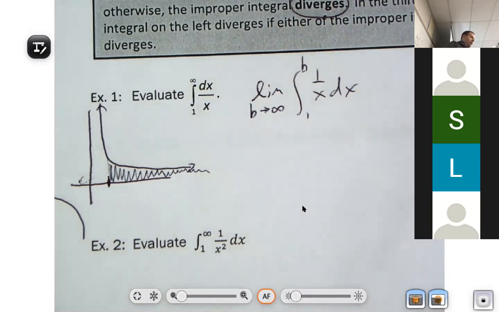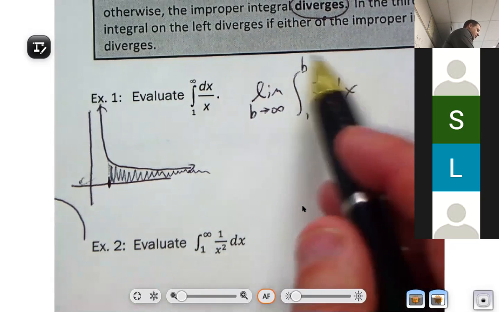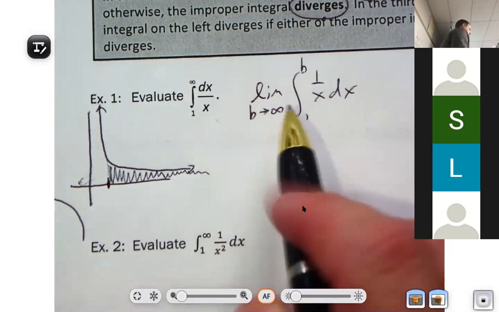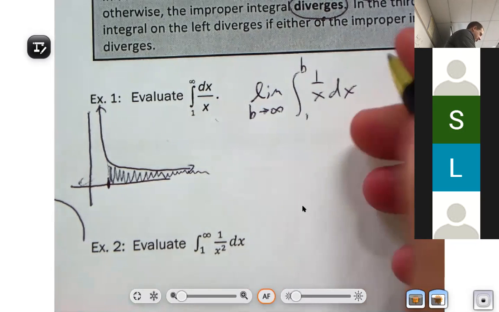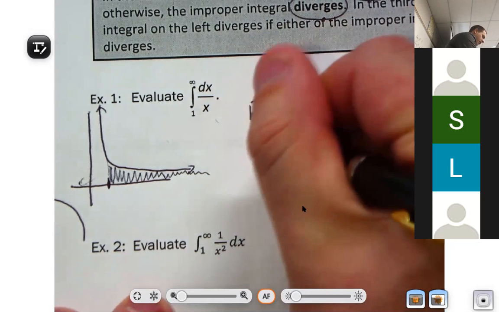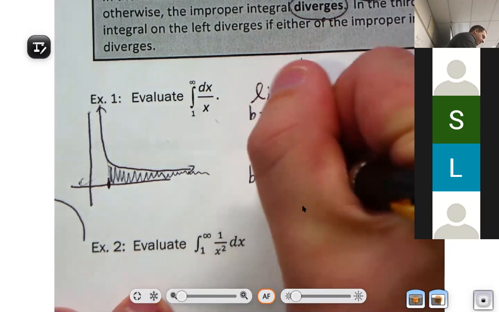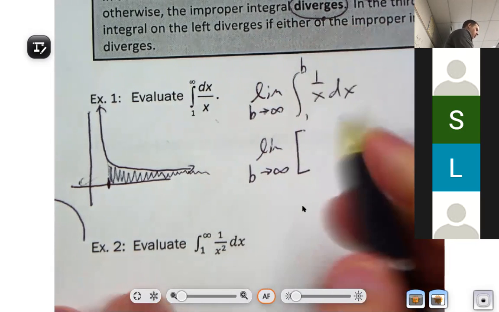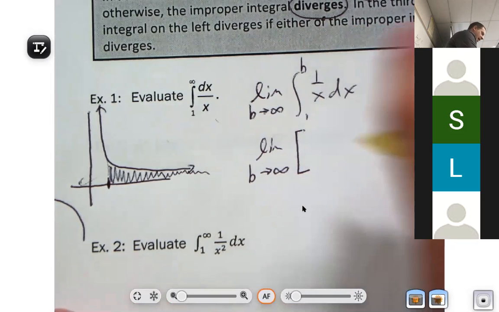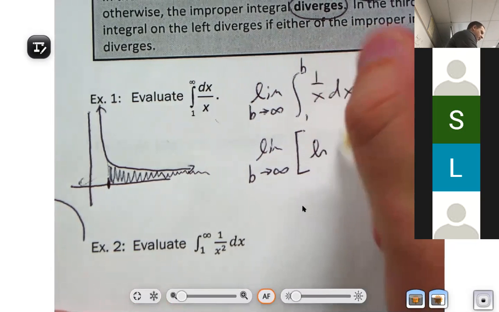Now, we deal with the integral stuff and we deal with the limit stuff towards the end. We have to carry it through the work notationally, but we're going to deal with the integral stuff first. So this is going to be the limit as b goes to infinity. And now I'm going to integrate 1 over x. And so that's going to be the natural log of absolute value of x.